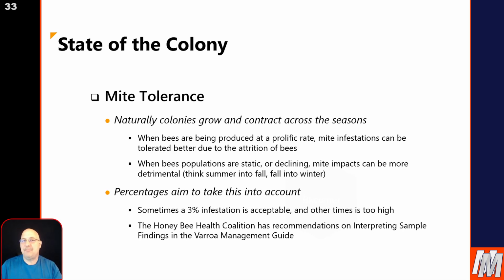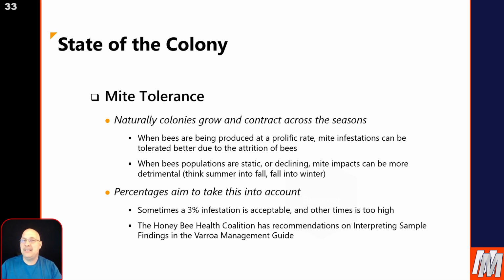Now, coming to percentage ranges, variances, mite loads have to be taken into context as to what's going on with the colony population. When bees are being replaced in abundance, the impact of the Varroa is not as detrimental. When, however, you are trying to maintain bees that overwinter in the summer and fall, having higher thresholds means more bees will be sick going into winter due to mite exposure.